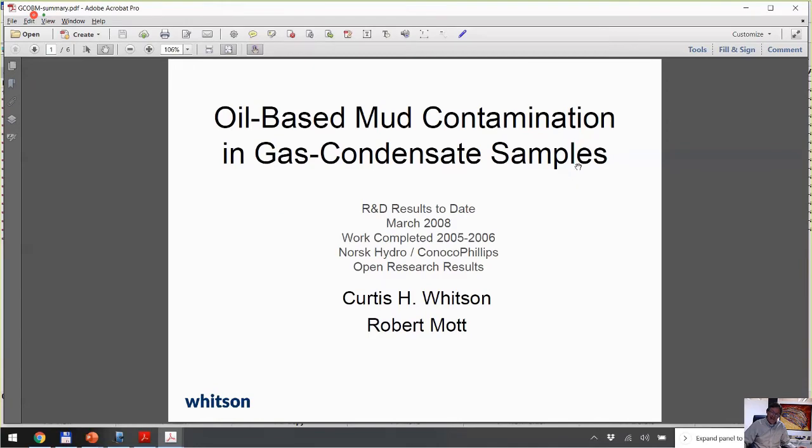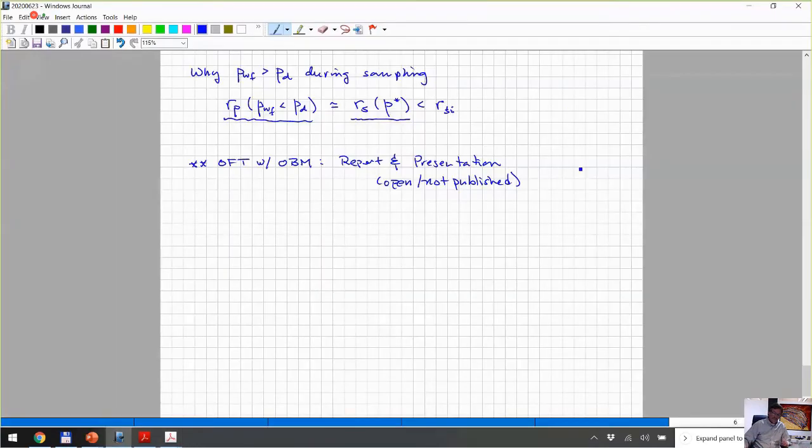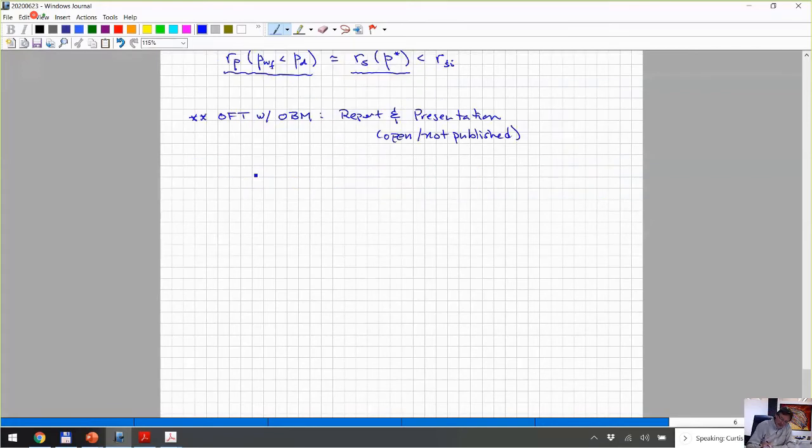So bottom line is that the composition collected, regardless of the degree of contamination, can be mathematically decontaminated to yield a very good estimate of the in situ fluid composition.